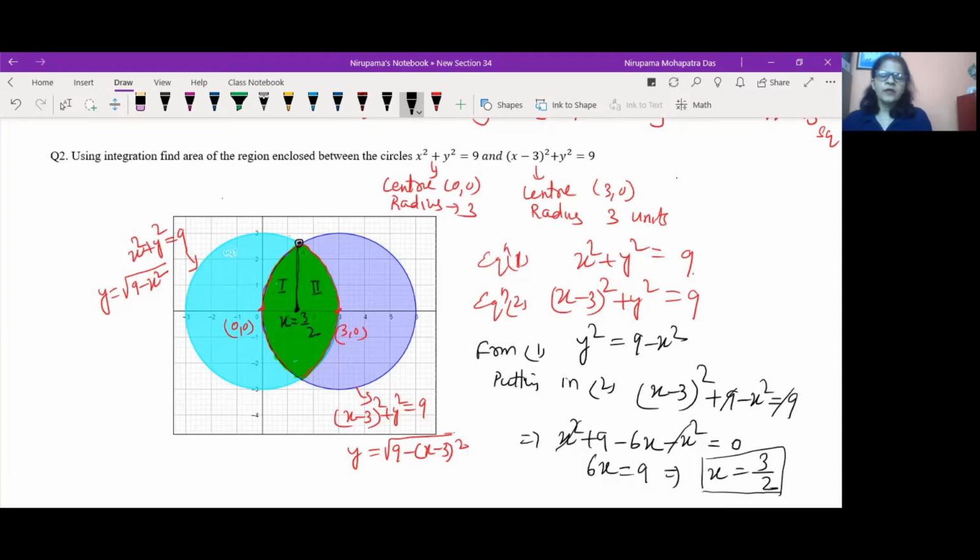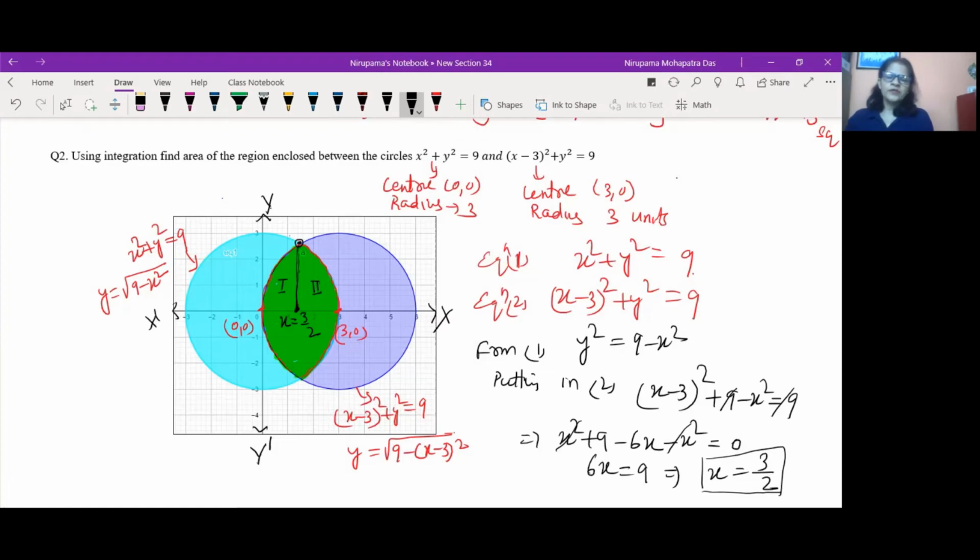The circle is symmetric about its diameter, so the area of the region above the x-axis is the same as the area of the region below the x-axis. So getting the area above the x-axis will be easier for us, and we multiply by 2 so that we get the area of the whole green portion.